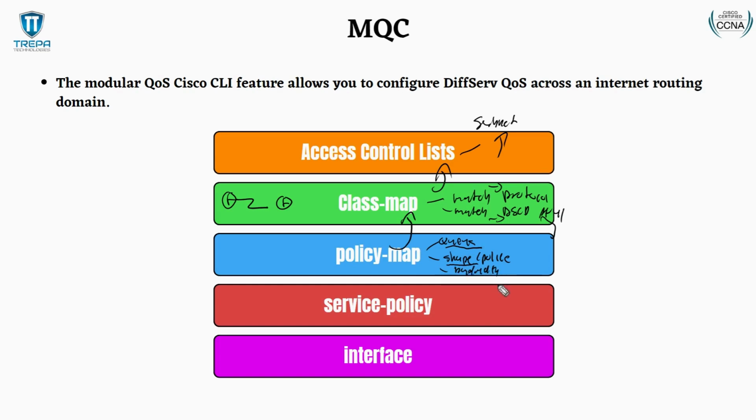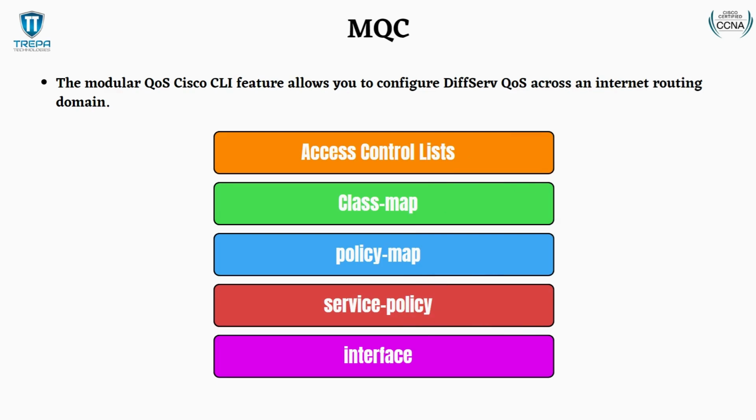So shaping and policing. And then that policy map still isn't doing anything until we apply it to an actual physical interface, either inbound or outbound. So either ingress, what are we going to do with ingress traffic? Or how are we going to shape and manipulate and do QoS on traffic leaving? Typically egress we're going to see. And we apply that service policy to an actual interface.